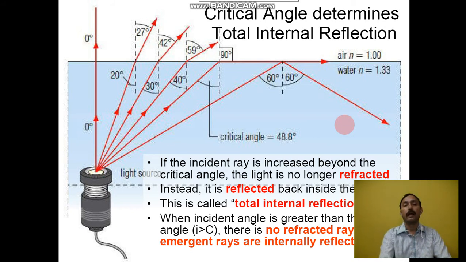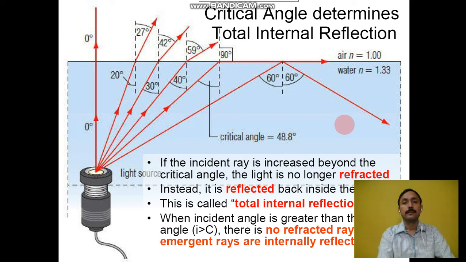So, as a whole, if we summarize, when light comes from a denser medium to the rarer medium, the light moves away from the normal. Now, for a certain incidence angle, if the refracted ray makes an angle of 90 degree, then this incidence angle is known as the critical angle.